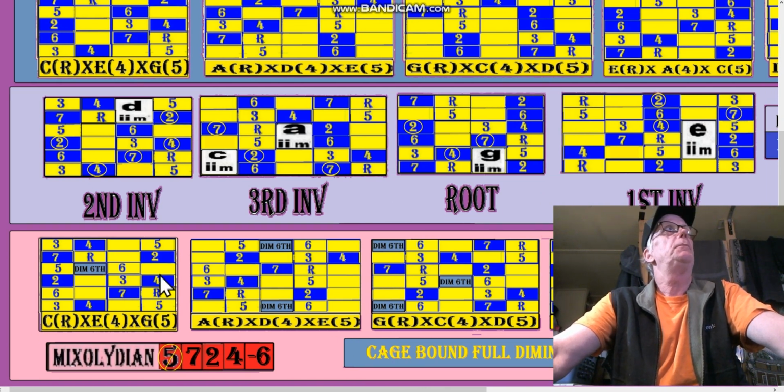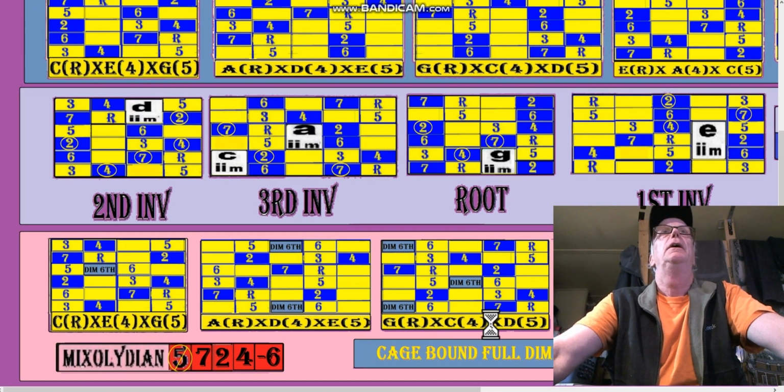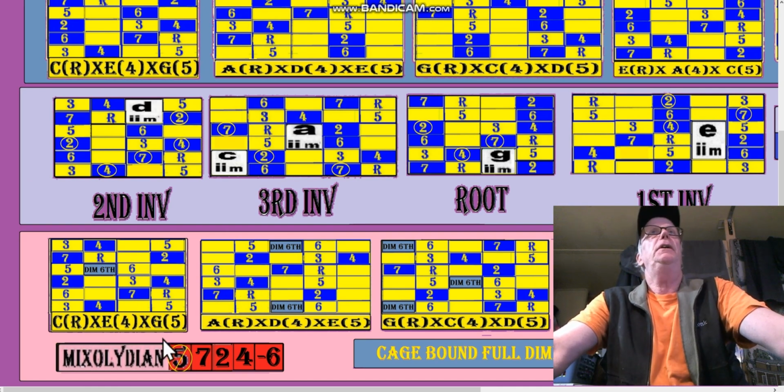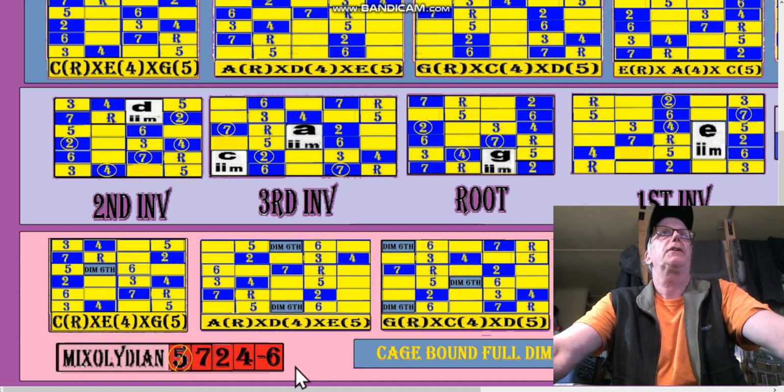But I stumbled onto it because I tackled this. This is the full diminished 7th arpeggios. So what it is, you leave the 5 off altogether, instead of substituting the 6th for the 5.